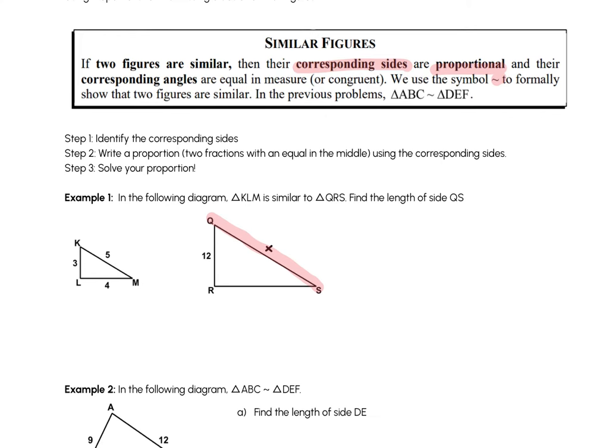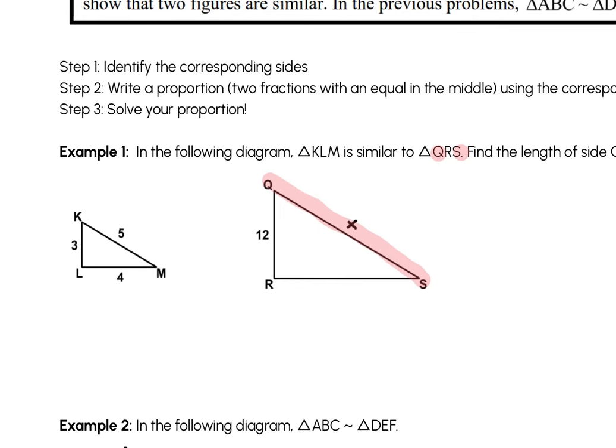QS is the first letter and the last letter in my similarity statement, so that means it goes with K and M in the other triangle. And then I also need to match up another side that I know the length of. QR here is 12, and that corresponds, the first two letters, with KL.